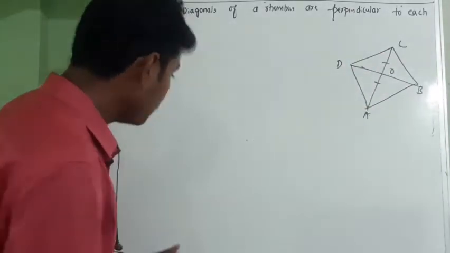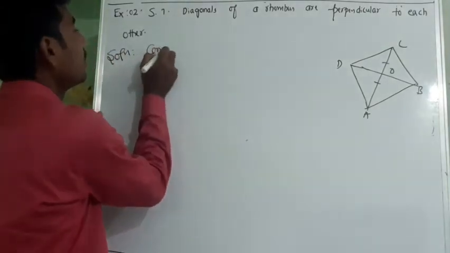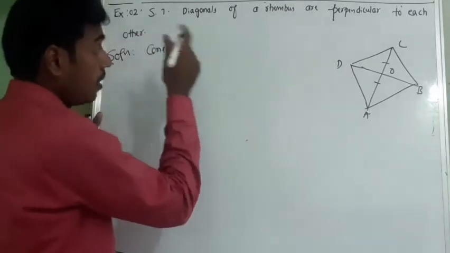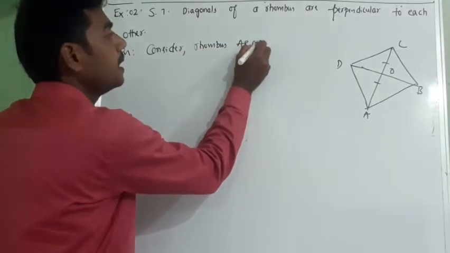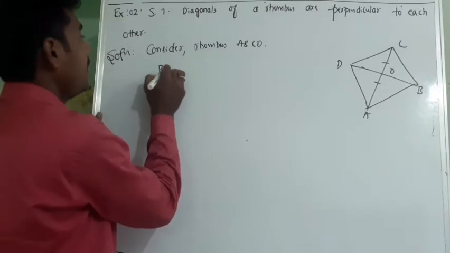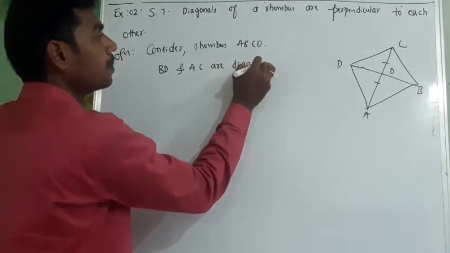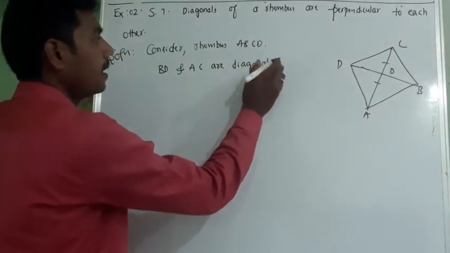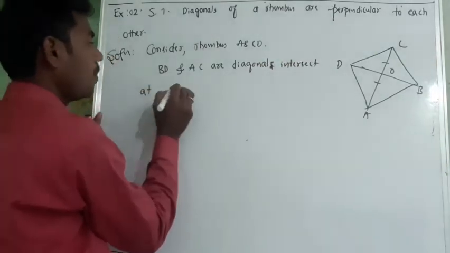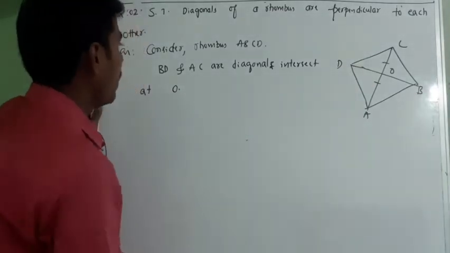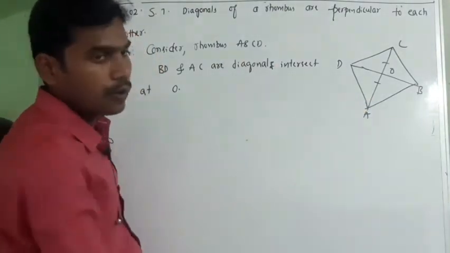So for that, what can I do? Consider rhombus ABCD, where BD and AC are diagonals that intersect at O. We know that since a rhombus is a parallelogram, diagonals are going to bisect each other.